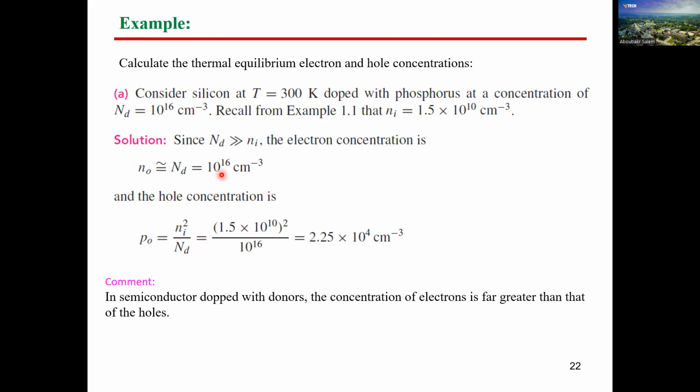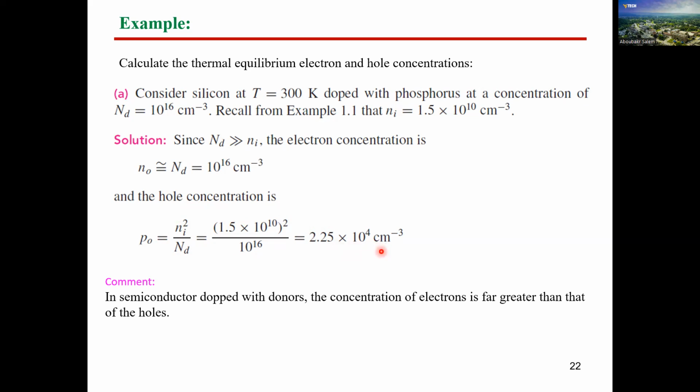Since the donor is 10 to the power 16, and this is almost equal to the electron concentration, this means the hole concentration is going to be n_i squared divided by N_D. So n_i equals 1.5 times 10 to the power 10, squared, divided by 10 to the power 16. So this means the hole concentration is going to be 2.25 times 10 to the power 4.